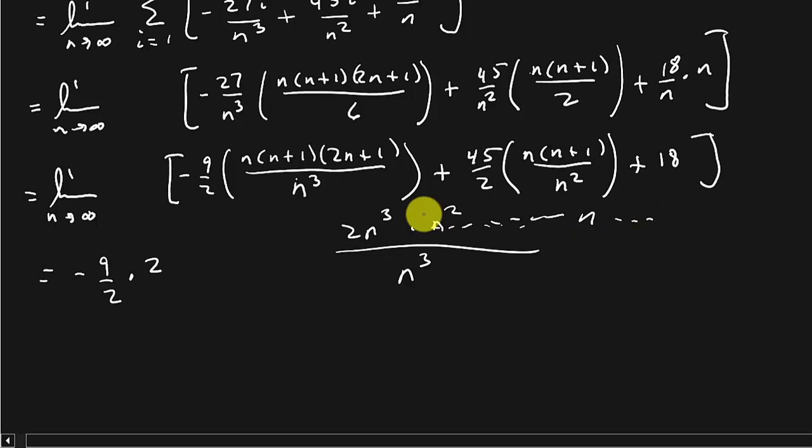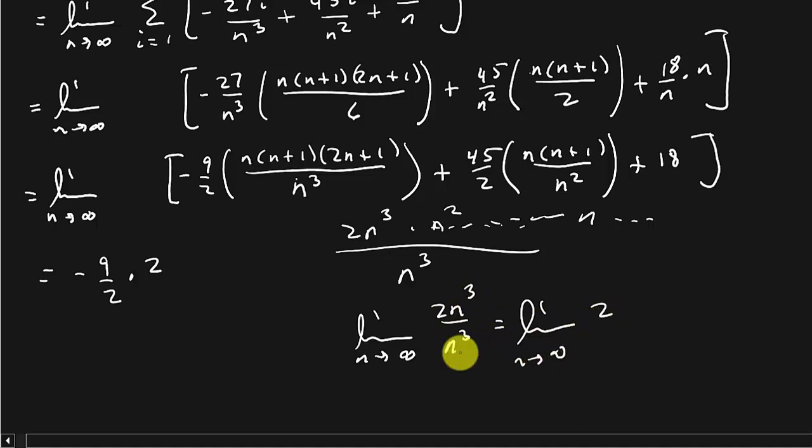Remember, when you're taking the limit as n goes to infinity, you keep the largest exponent from the numerator and the largest exponent from the denominator. So this is the limit as n goes to infinity of 2, because the n cubes cancel out. That's 2. And it's going to be the same thing in the other ones too.